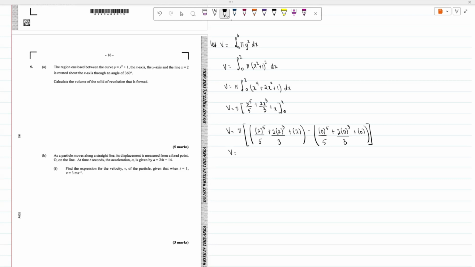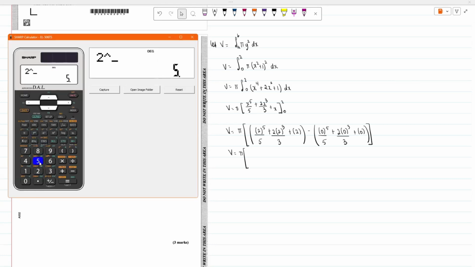And V is equal to pi into, jump on the calculator. The only bracket I'm concerned with is the first one. 2 to the power 5 is what, right? 32.